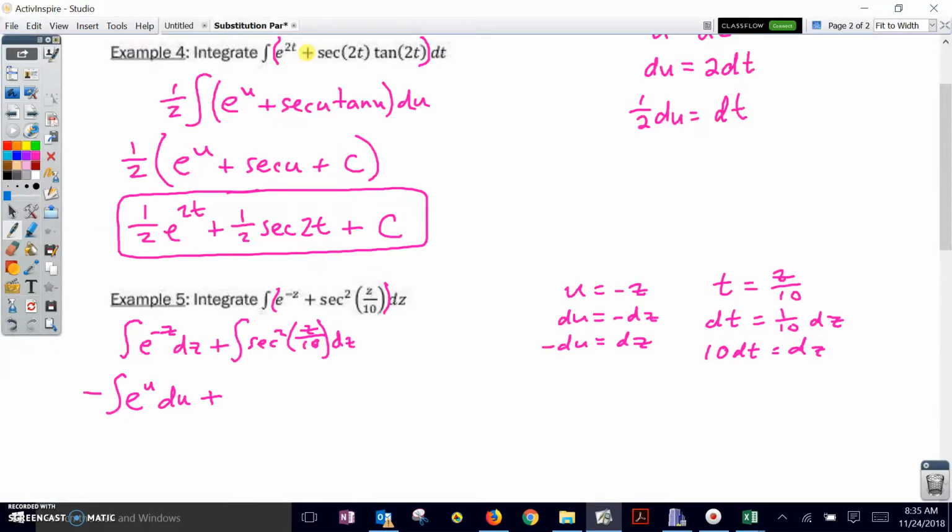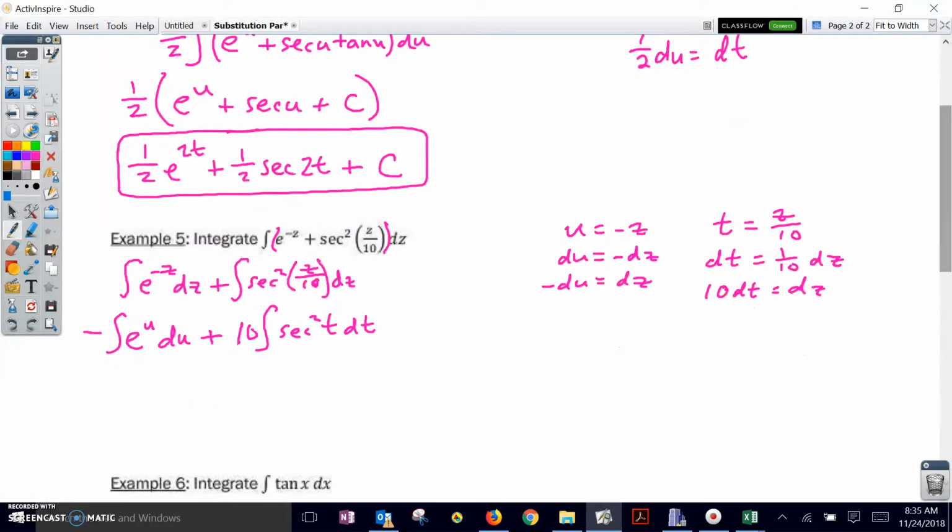And so making that substitution, we now have 10 times the integral of secant squared of t dt. And now I'm going to find both of those integrals by anti-differentiation. This turns into negative e to the u plus c plus 10 tangent of t plus c. And I combine those two c's into just a single constant of integration.